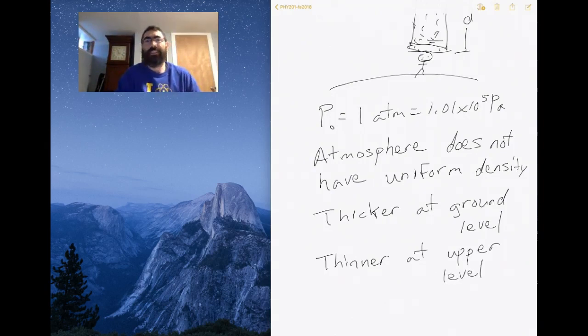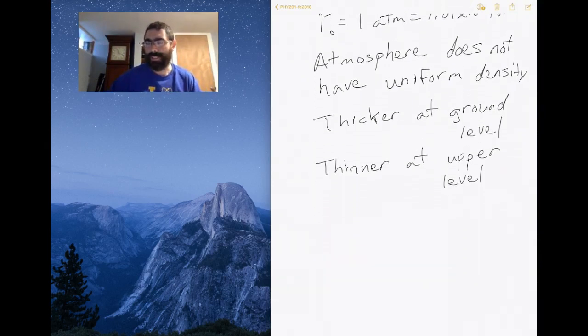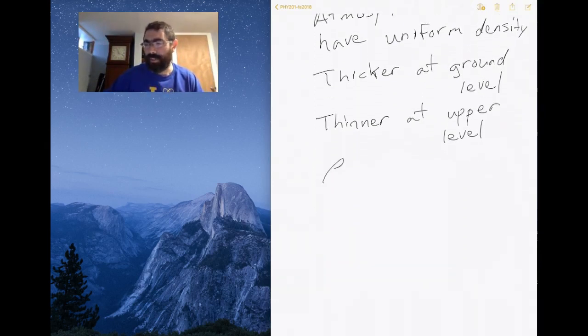And so really in this equation that we have, the pressure at the bottom is equal to the pressure at the top plus the weight of the fluid, where in this case the density is dependent on distance. So we'd have to take our density and make it a function of the distance, the depth of the atmosphere.